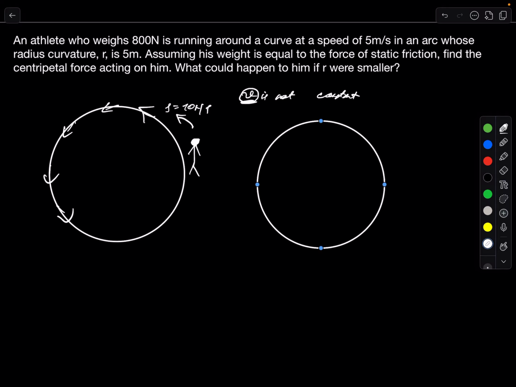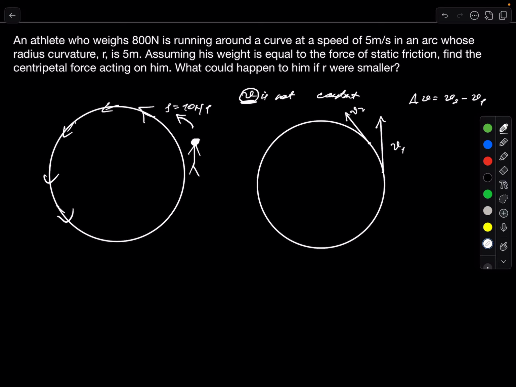Imagine we have V1 right here. And just about after a few seconds, here we have V2. We know that delta V is equal to the final velocity minus the initial velocity.